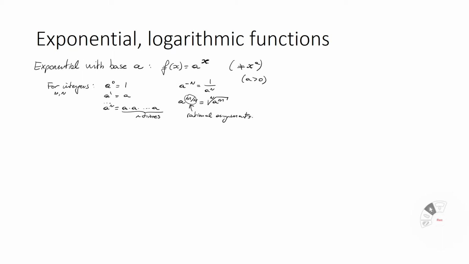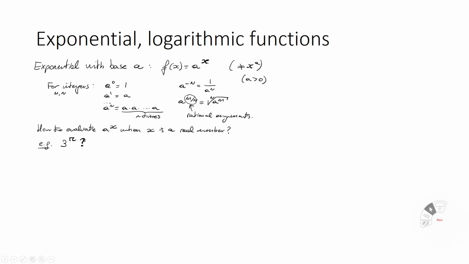And so now the question is how to evaluate a to the power x when x is a real number. So for instance, how do we compute 3 to the power pi?